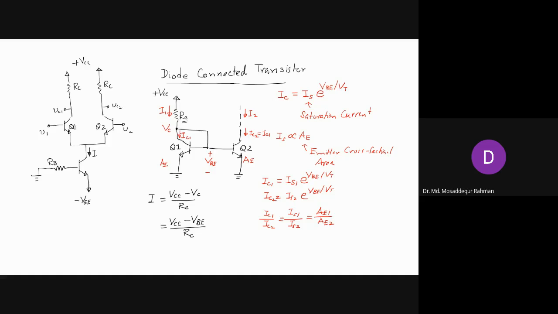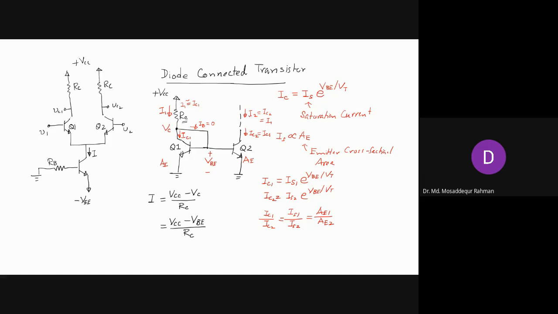And so this current is reproduced, right? The current that is flowing in Q1 is reproduced in Q2. And if we ignore the base current, IB is usually much smaller than IC. If we assume that this is 0, we can say that I1 is almost equal to IC1, and I2 is the same as IC2, which is IC1, which is I1.